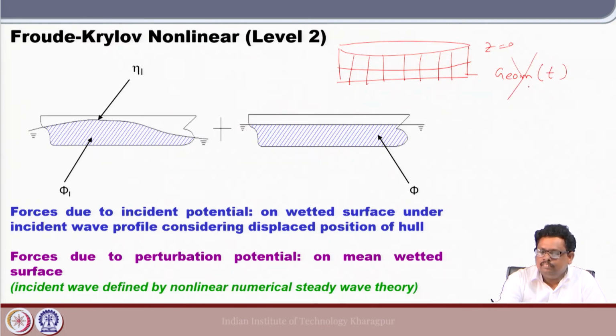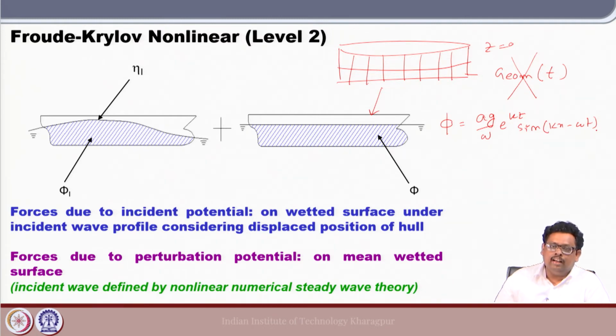However, if you remember, if I do the time domain, I am using the simple phi, which is an analytical solution, g by omega into e to the power kz into sin(kx minus omega t), something like this. I am using an analytical function to calculate the pressure on an analytical surface, right.